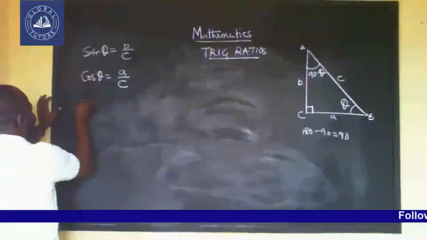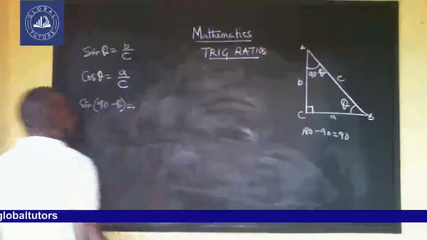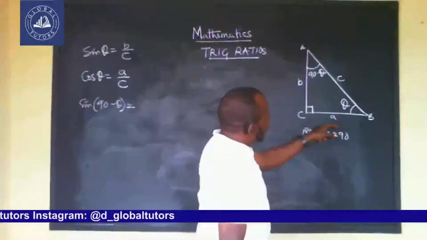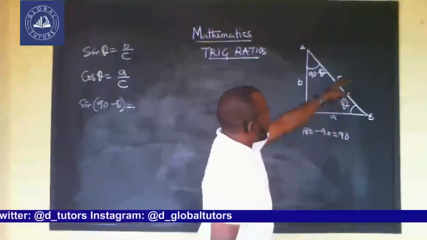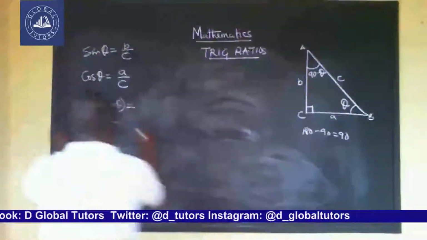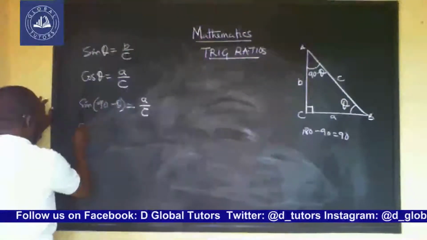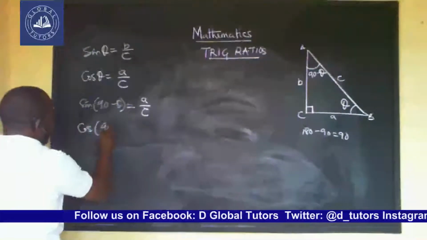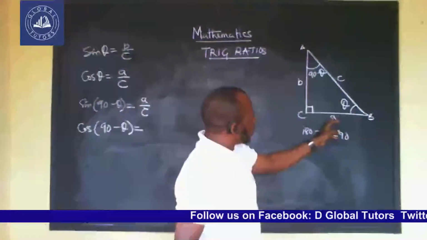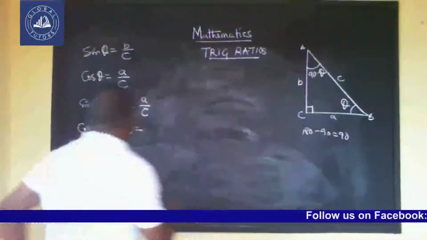If we consider sine 90 minus theta, this is now the angle we are considering. So this becomes the opposite. So this is opposite. This remains the hypotenuse. So opposite over hypotenuse. Then cos 90 minus theta will be, this is opposite. So this will be adjacent. This remains hypotenuse.